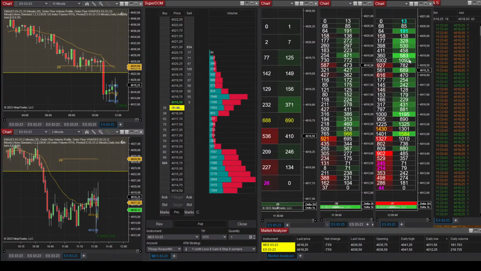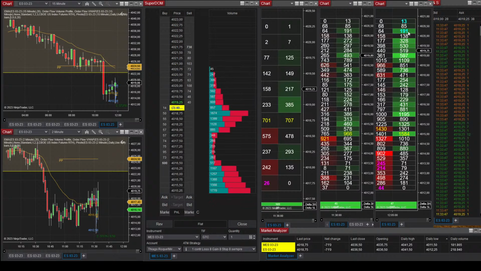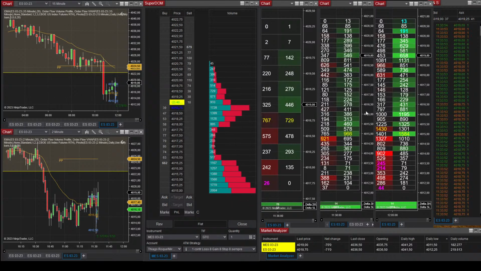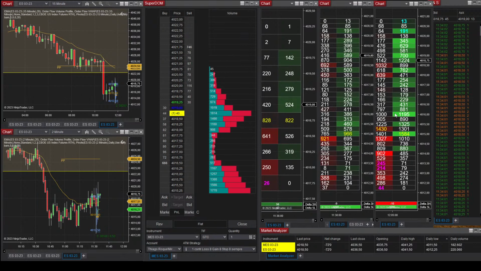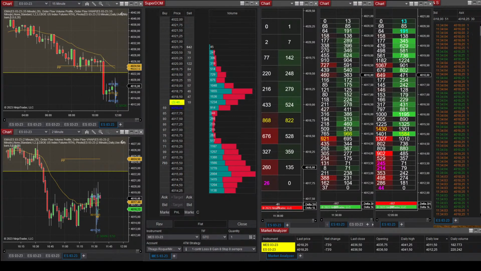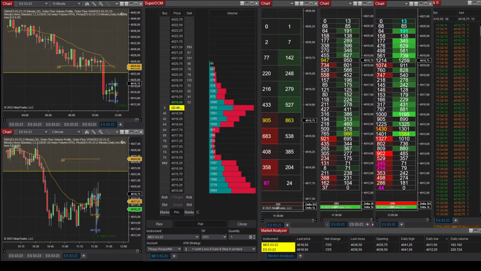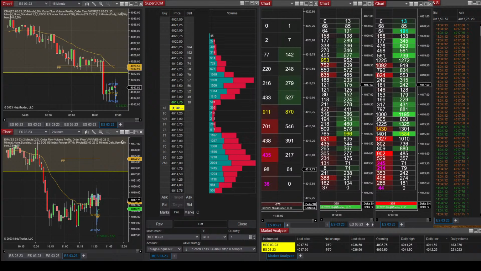We're seeing this absorption here and kind of exhaustion at 20.5, but it's too early to say. We see strong buying intensity here, but sellers absorbing as well.